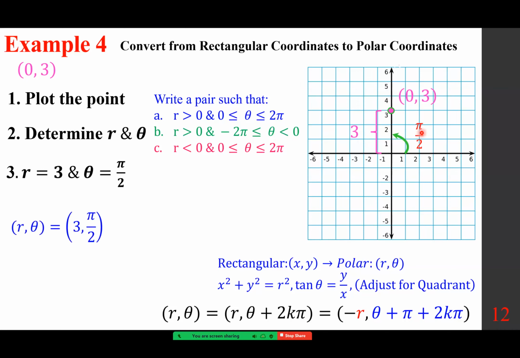And we're done with part A. This has 3 parts. We are going to move to part B in a moment. But for now, this is the representation of this rectangular point in polar format.